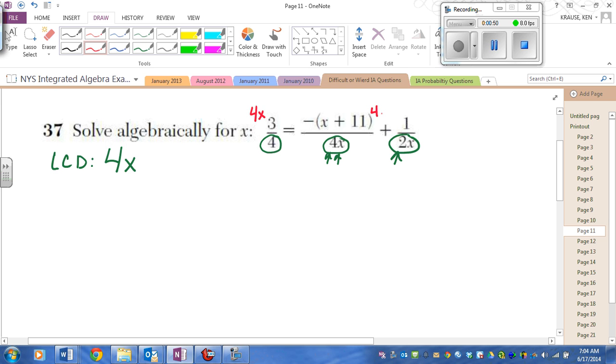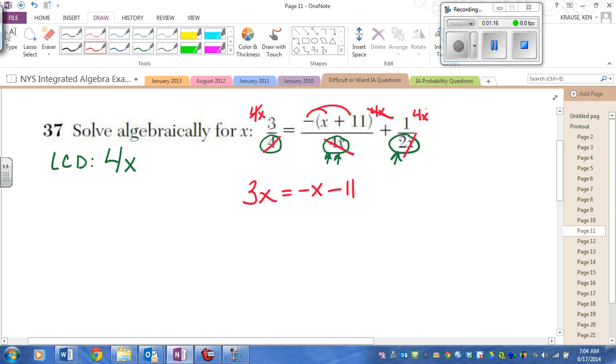What this does is it gets rid of all the denominators and allows us just to solve a problem without fractions. This 4 cancels with that 4, leaves us 3x. This 4x cancels with this 4x, and I'll distribute this negative. There's nothing left there. So it equals negative x minus 11.